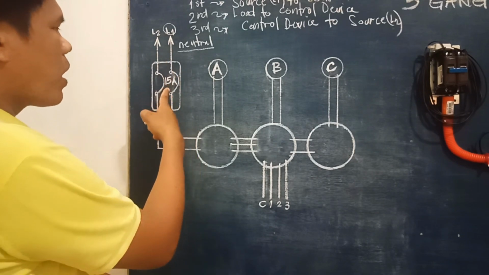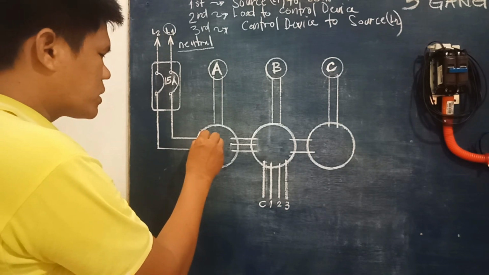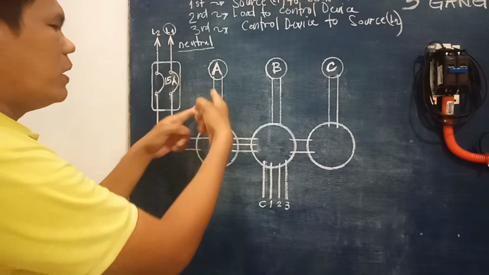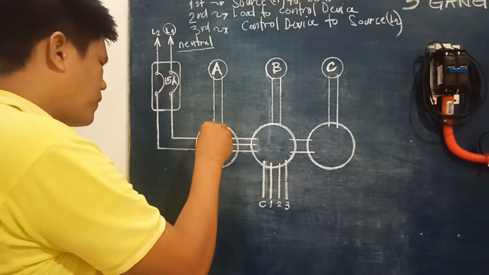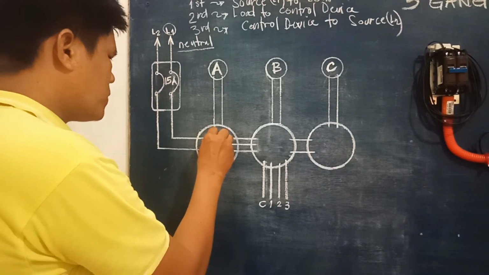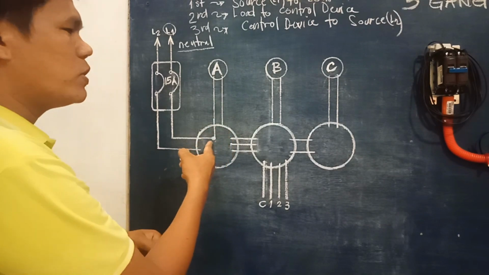So we have here the circuit breaker, 15 amperes right here. So in this case we will use this kind of diagram here. One of the terminals coming from the source goes to the load, so this one here, meaning they are connected to each other.